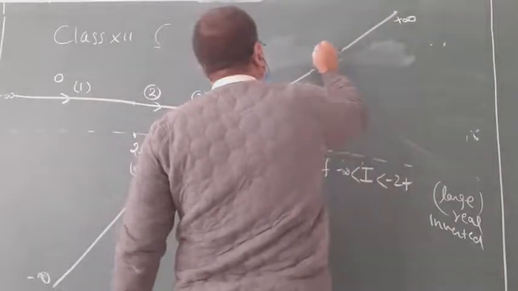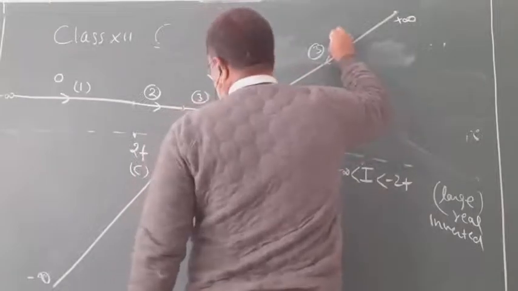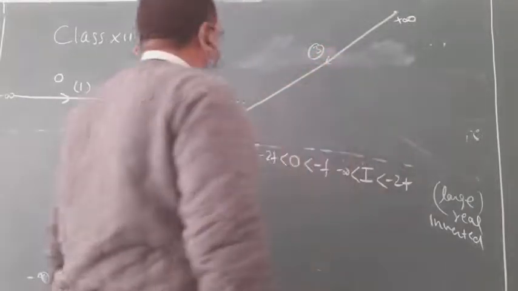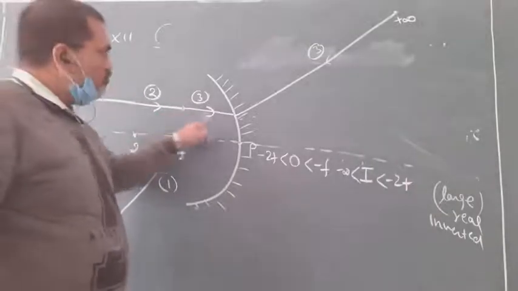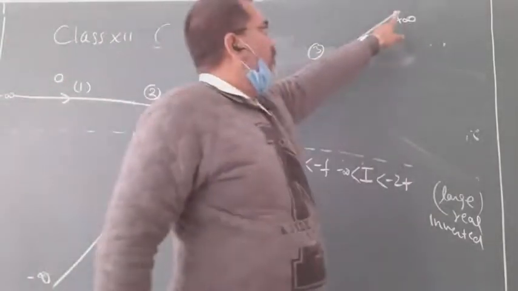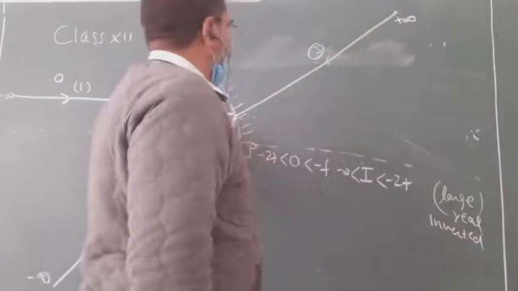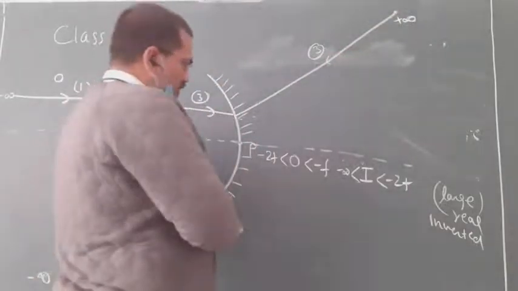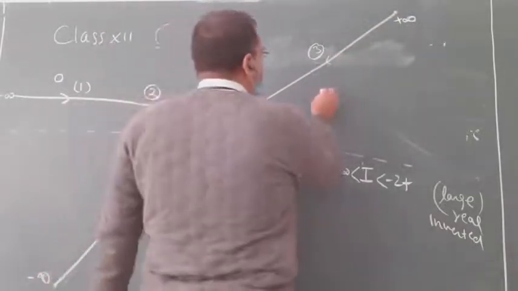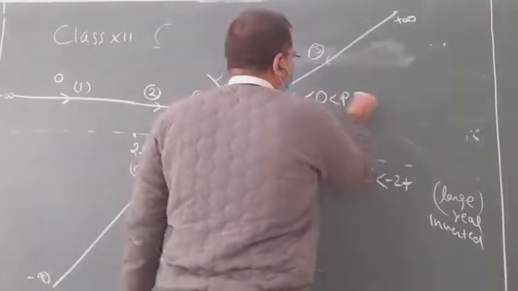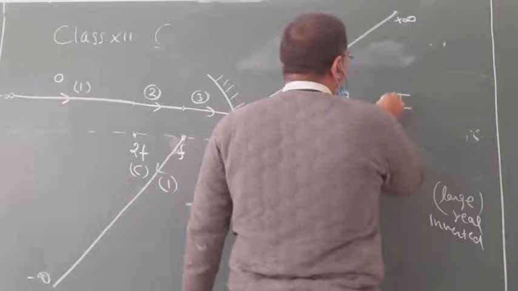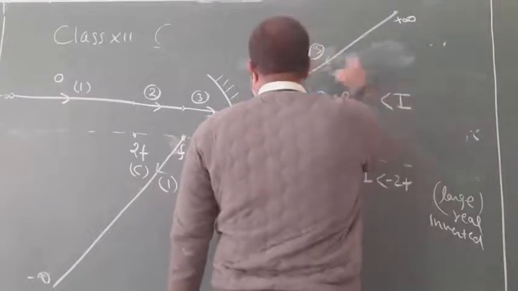This is the third diagram. As object moves from focus to pole, image moves from plus infinity to pole.